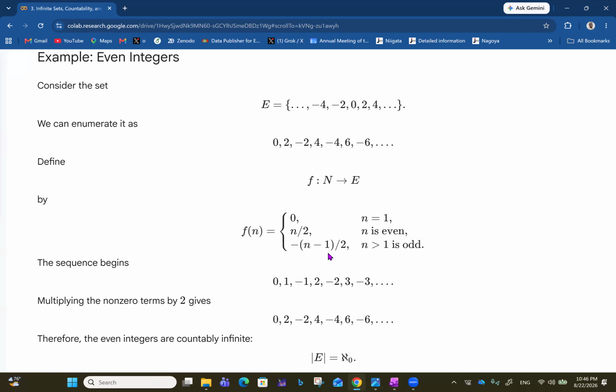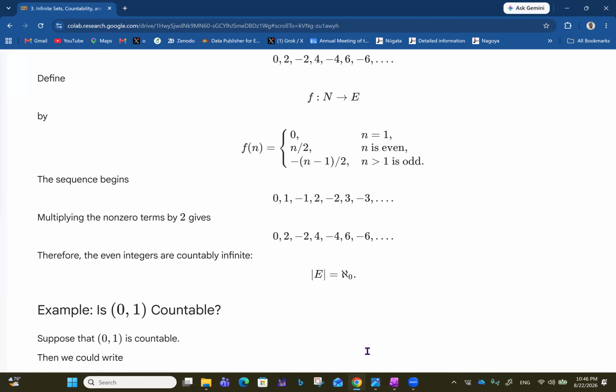Then we have minus (n minus 1) over 2 when n is greater than 1 and odd. So the sequence begins 0, 1, -1, 2, -2, 3, -3. Multiplying the terms by 2, we have 0, 2, -2, 4, like that. Therefore, the even integers are countably infinite, so the cardinality of E is equal to aleph 0, like we know before.